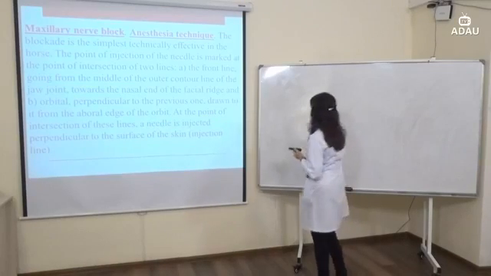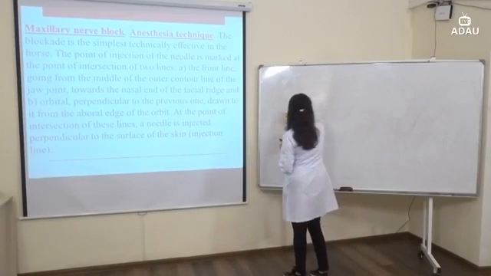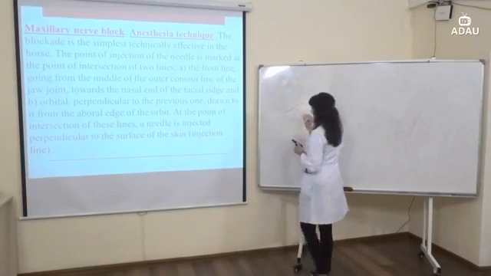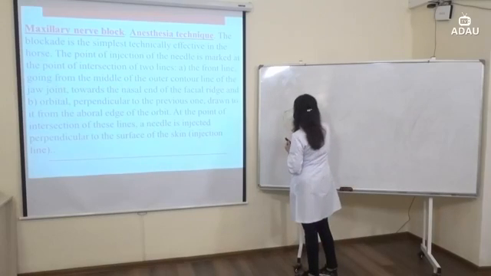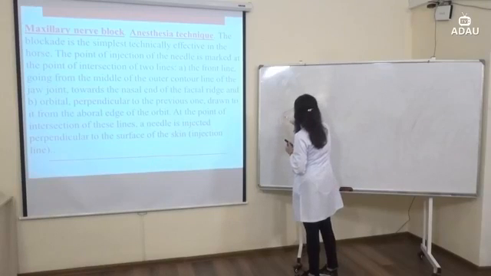For example, this is the head, this is the auricle, and the maxillary nerves are located at the teeth, the second molars. This is the nostril, the eye.